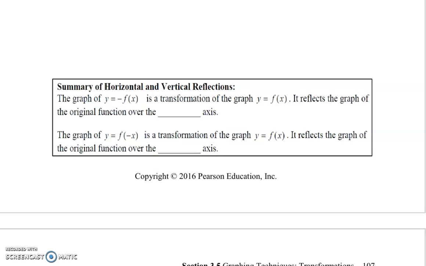So for horizontal and vertical reflections, if we put the negative in front of the parent function, it reflects over the x-axis. And if we put the negative inside the parent function, it reflects over the y-axis.